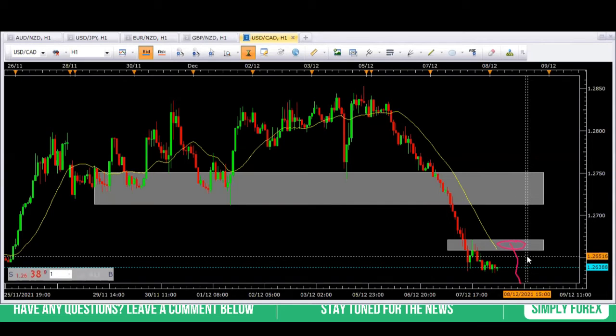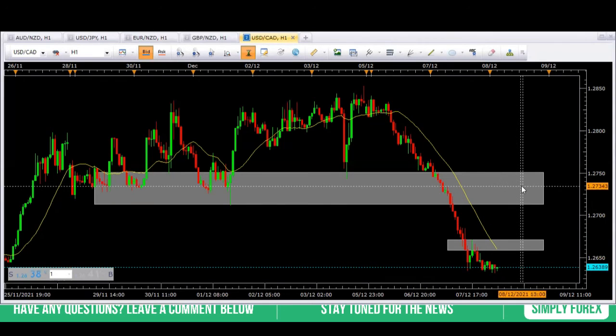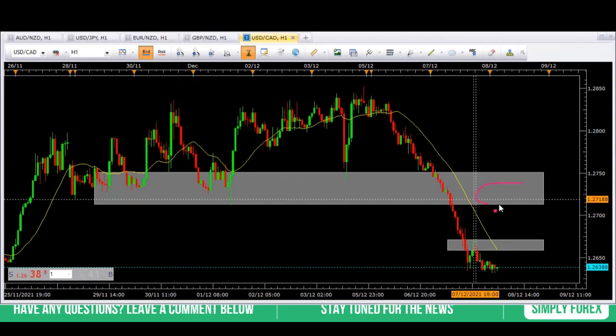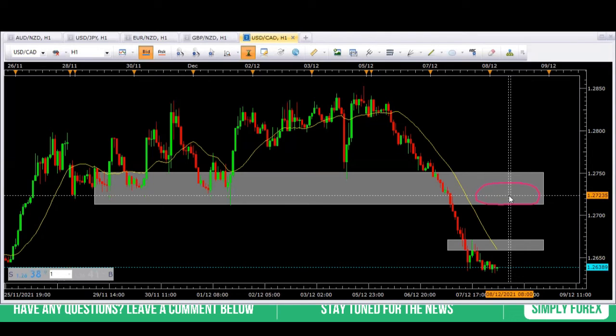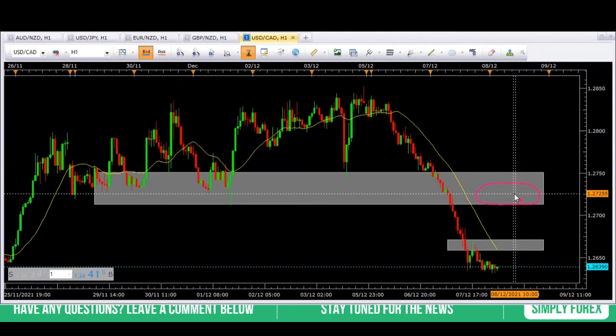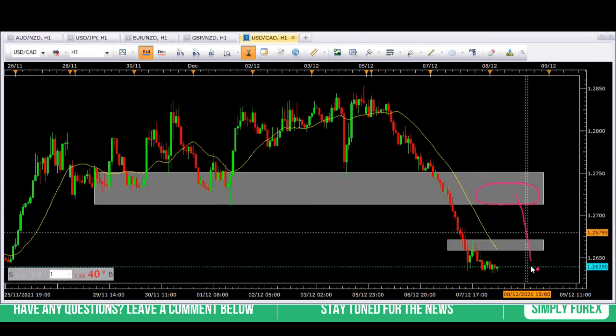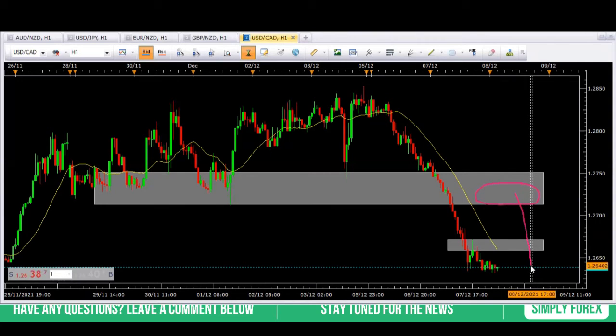If this doesn't happen and price takes a large retrace, then we're looking for price to react in this grey zone. All right, and again, a bearish candlestick pattern and take it back down to this low. This will give us a very good risk to reward, and then leave some money on the trade back down to our daily blue line target. All right, guys, so they're the three trades for today.